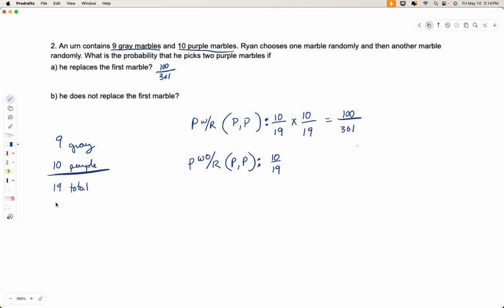But then on the second draw, he's not putting the first marble back. So we're going to subtract one of those. So that means he's still got 9 gray, but now he's got 9 purple. So that's going to be 18 total marbles. So now when he draws the second purple marble, it's 9 out of 18.